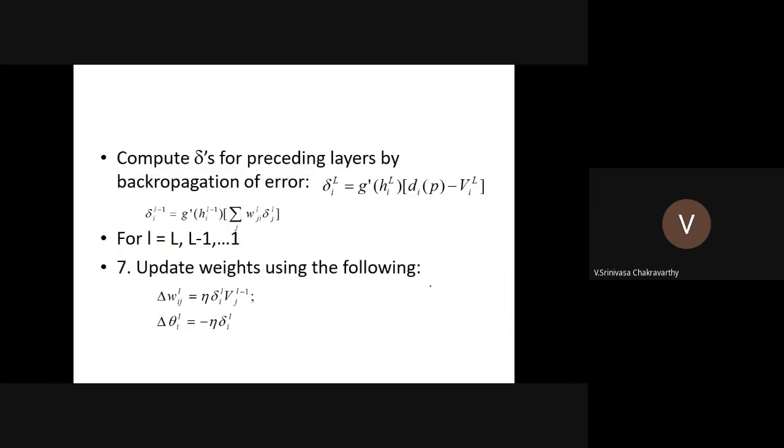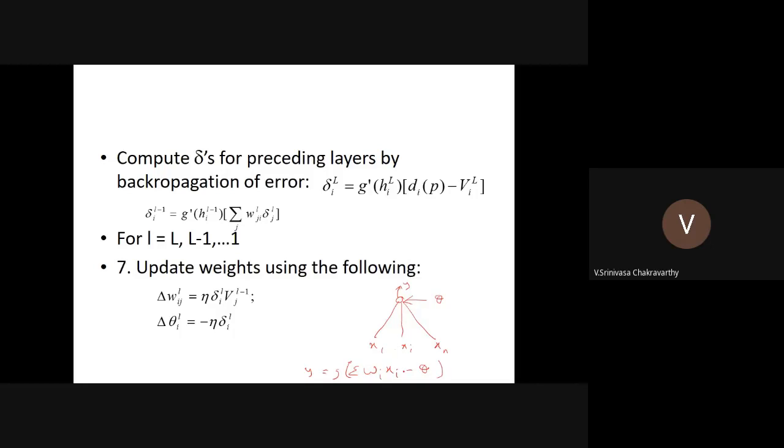One more point I want to mention here is how to handle these thresholds, the bias terms, for which we are using the notation theta. The idea is, if you take a given neuron which has a threshold theta and inputs x_1, x_i, and x_n, the output is y. So y is equal to g of sigma w_i x_i minus theta.